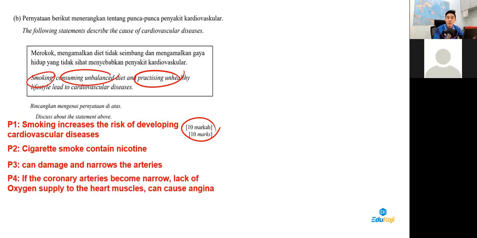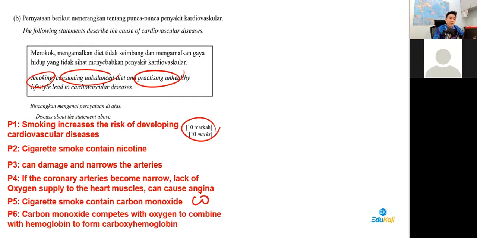Narrow arteries, so less blood can enter heart muscles. This is CO lah, carbon monoxide. Carbon monoxide fights with hemoglobin to form oxyhemoglobin. I mean, it fights with the oxygen which is supposed to form oxyhemoglobin. So guys, you can see smoking itself, there are so many pointers.